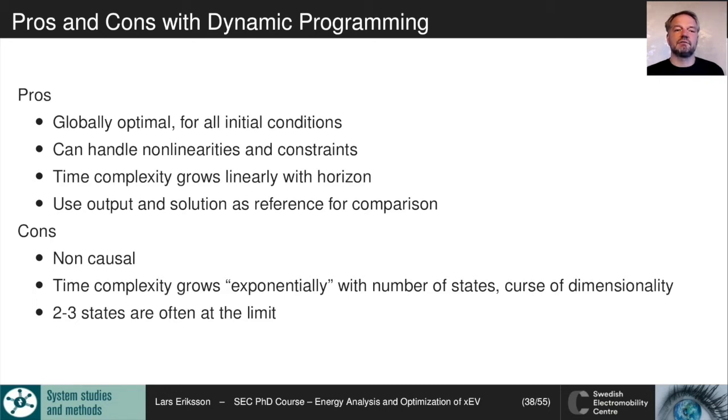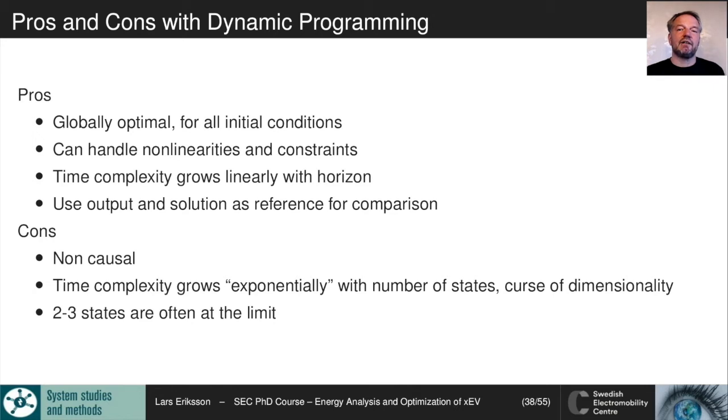And the time complexity grows exponentially with the number of states. So for example, if you have one state, you have a quadratic dependence, and then if you go up to 2 dimensions, you get n to the power of 4. And when you go to 3 states, you get n to the power of 6 in terms of the complexity.